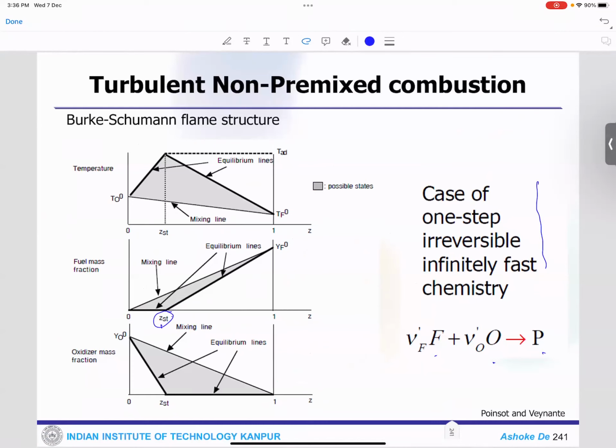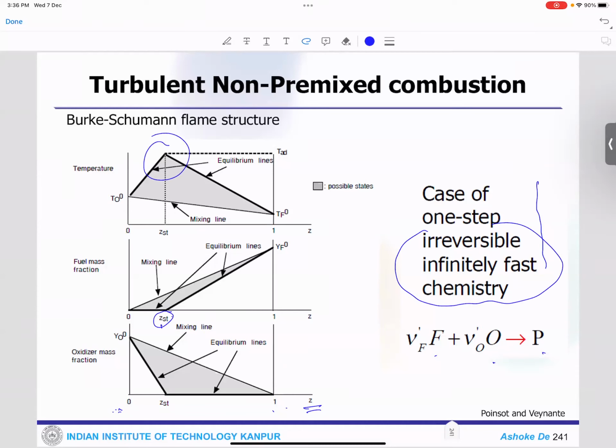So wherever fuel and air come into contact, there is reaction. This axis is the variation of the mixture fraction, the Z variation. It varies from 0 to 1. 0 is my oxidizer, 1 is fuel. They come into contact along the stoichiometric mixture fraction where the reaction takes place, provided we have assumed this infinitely fast chemistry, and you get the temperature peak.